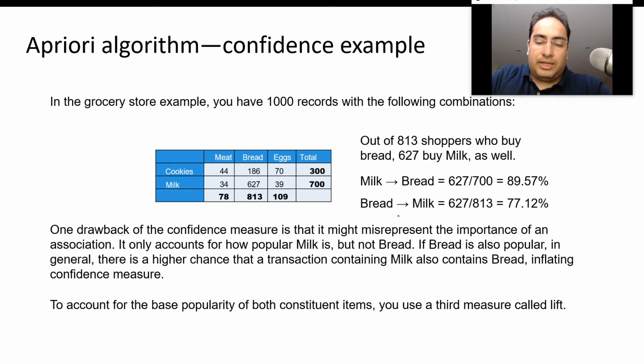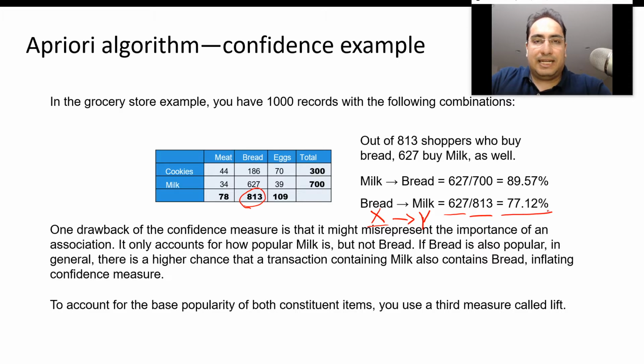This is a rule of type X then Y, so first we find the total number of X. The total number of X, which is bread, is 813. We put it there. Of the total 813 times, how many times were milk and bread bought together? 627.